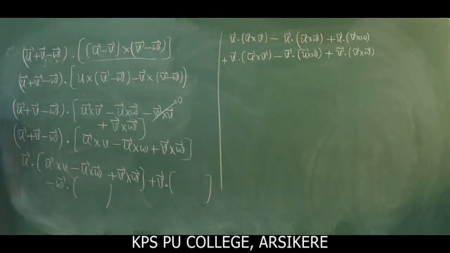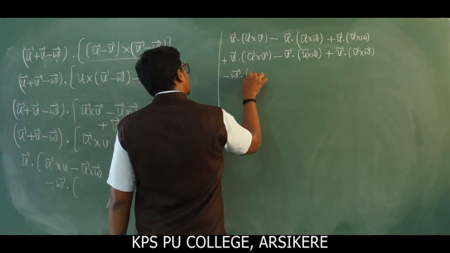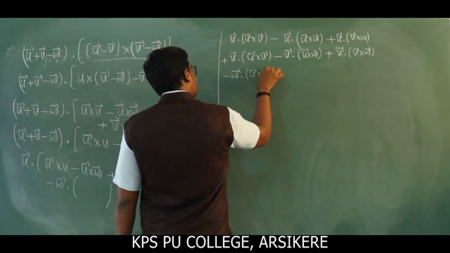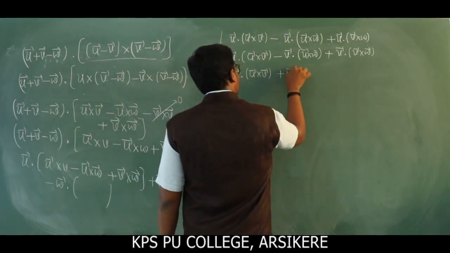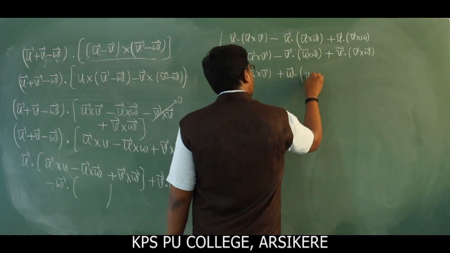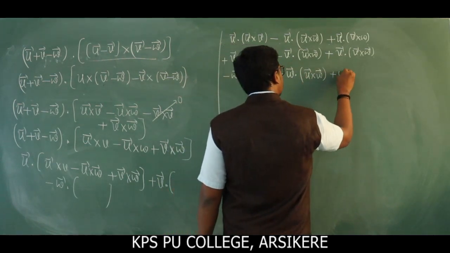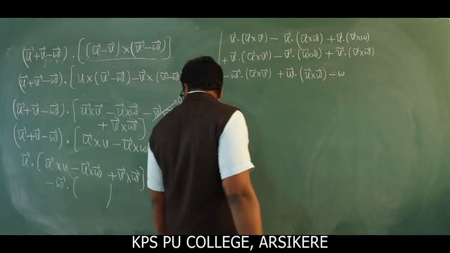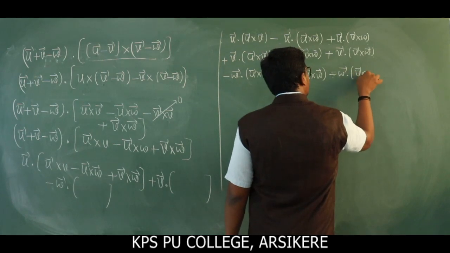Third term we have minus w times u cross v, minus and minus become plus here, w dot u cross w, plus, so this becomes minus because we have minus w, minus w dot v cross w.